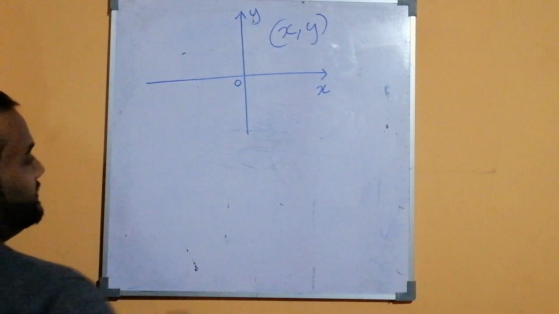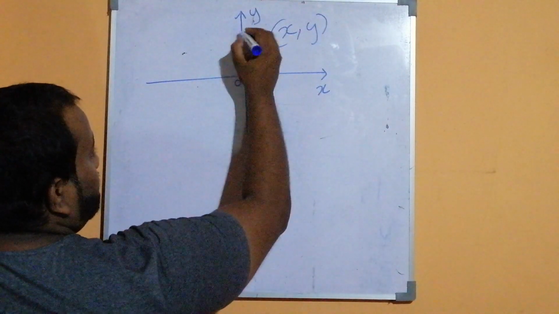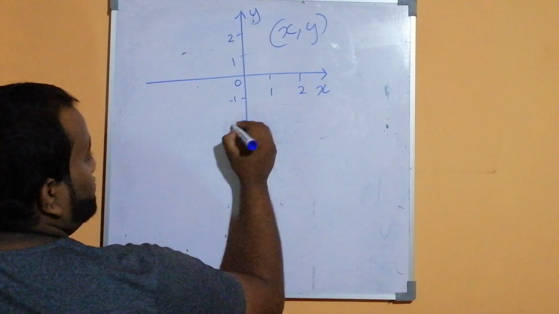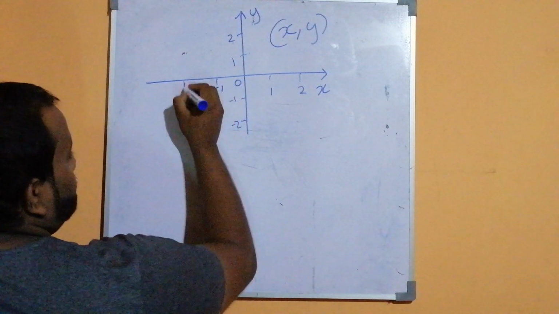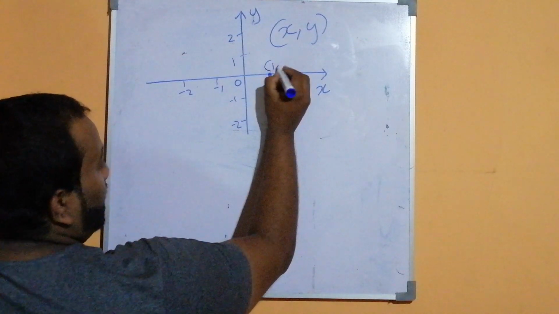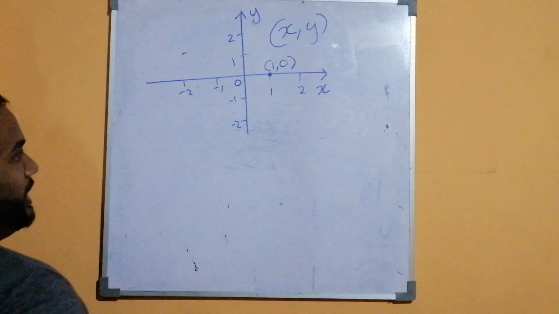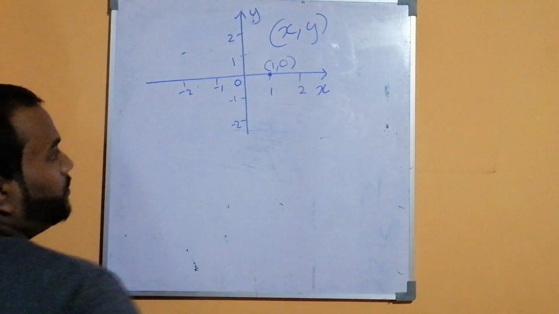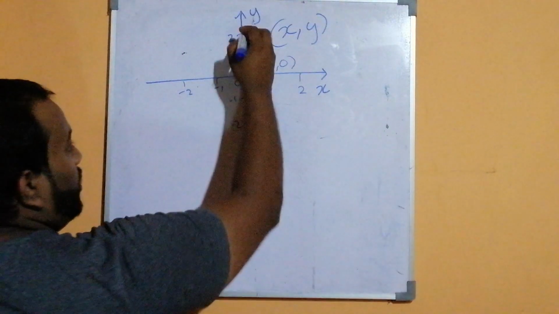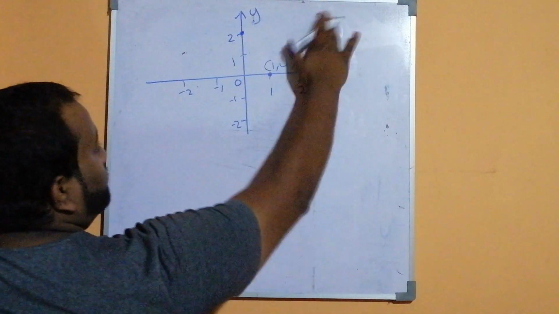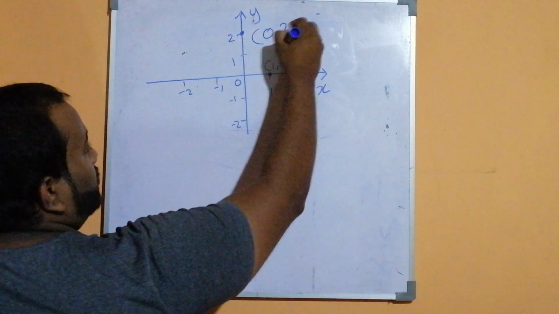For instance, the coordinate here is 1, 0. We give priority to x and then y. The coordinate here is 0, 2.